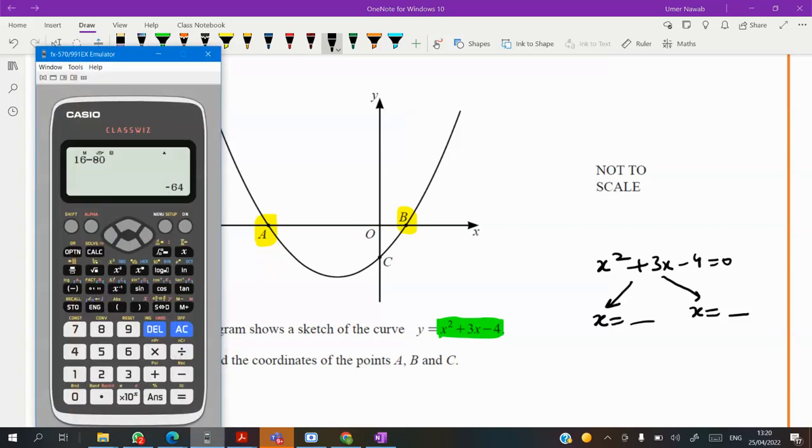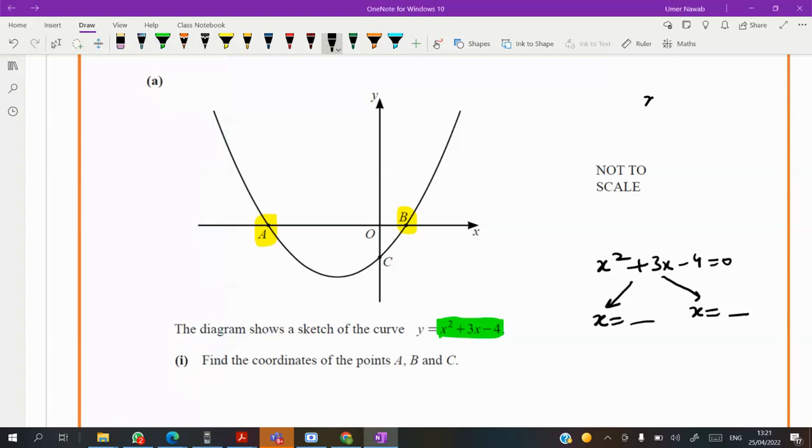Let's try to use the calculator. Go to the menu, equation mode. I want to know where the curve cuts the x-axis. So cutting the x-axis, graphically, algebraically, means solving an equation. So polynomial, degree 2, enter 1, enter 3, enter negative 4. So we have got 1 and minus 4.